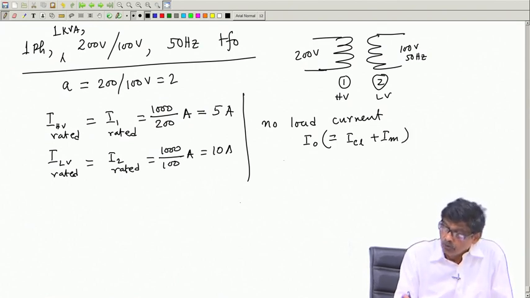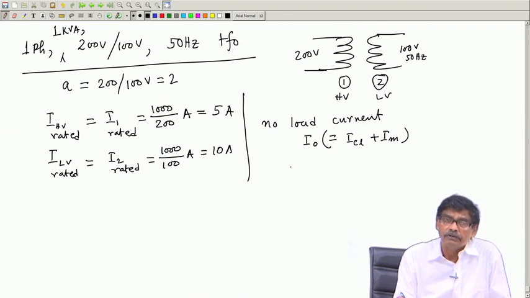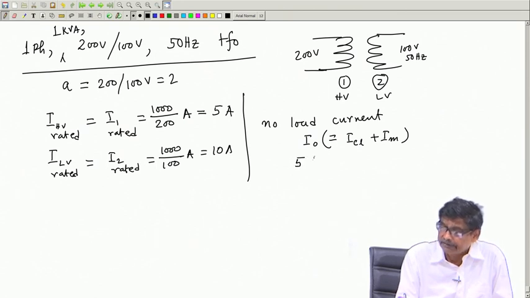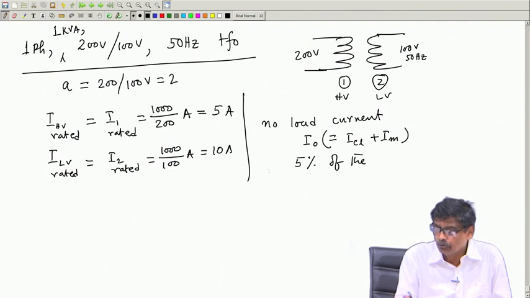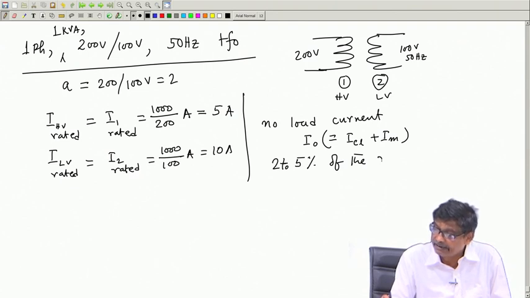The no load current of a transformer is of the order of 2 to 5% of the rated current.